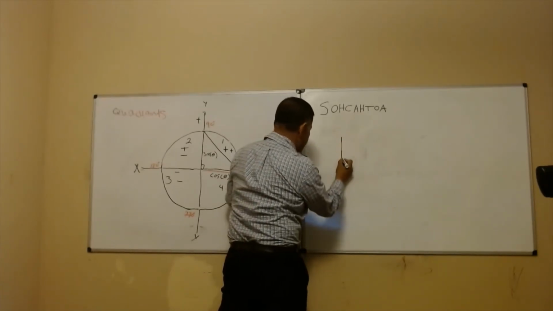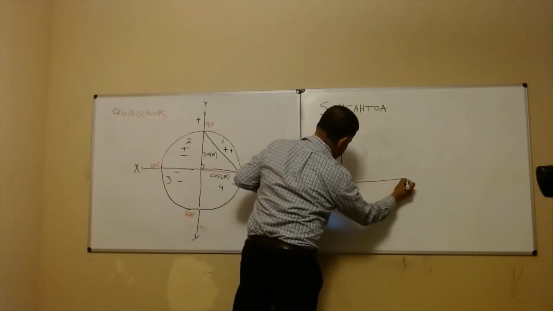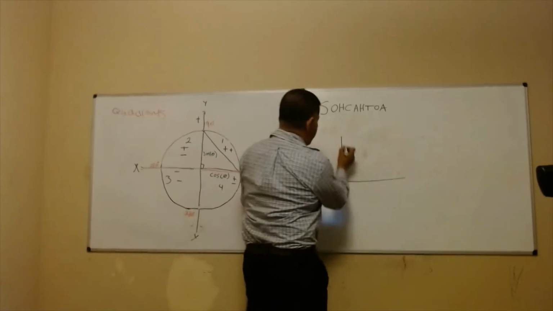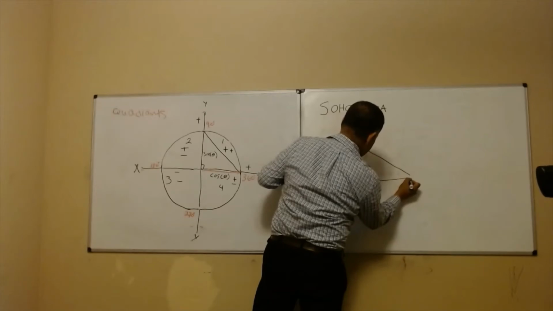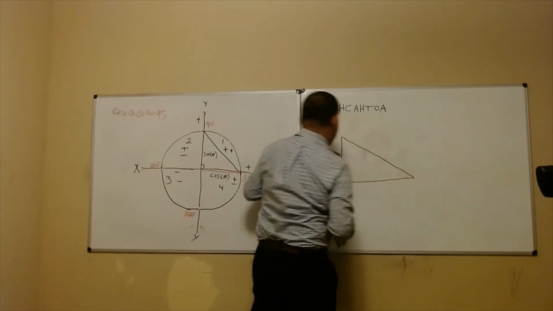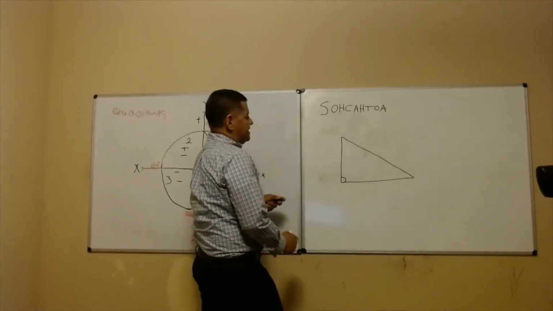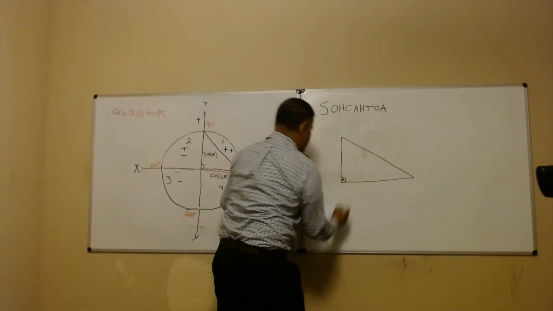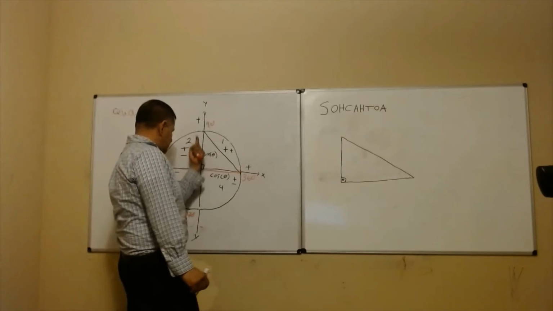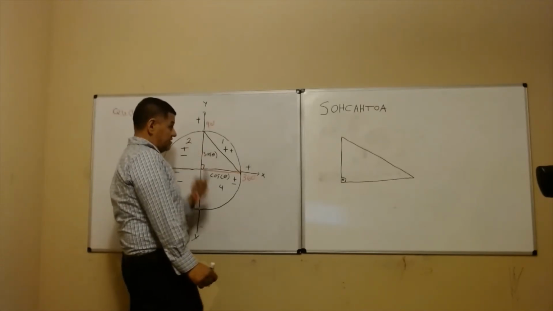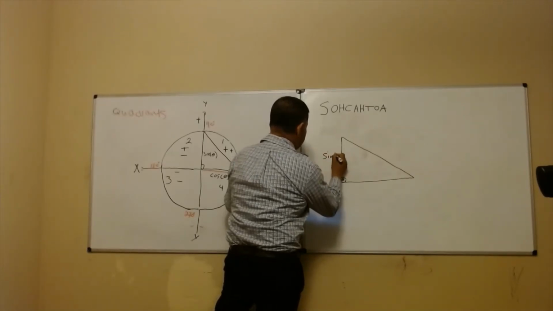Let's say this is a right triangle, and this is theta right there. Notice that here, this is the y-axis, so this is equal to sine theta.